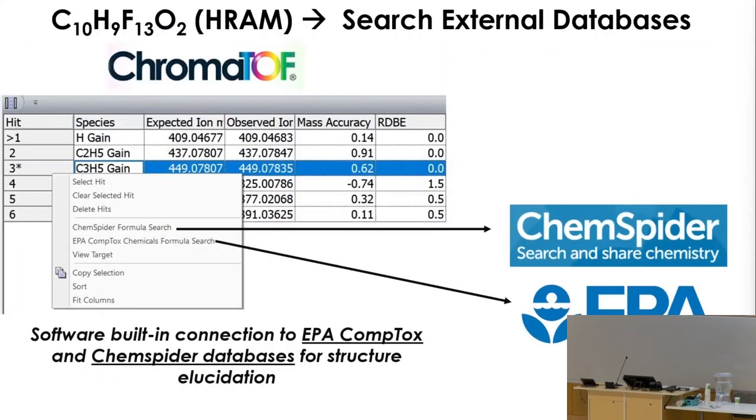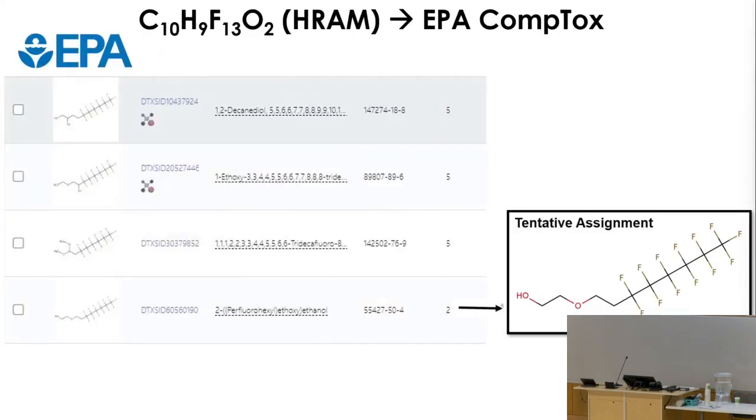As I mentioned before, we failed as far as the NIST library and the Wiley library. ChemSpider doesn't have it. I got lucky. I had Stapleton's paper from Duke University, and I also had the EPA CompTox library. And I had some choices. Once I did an external database search, I got 4 choices.